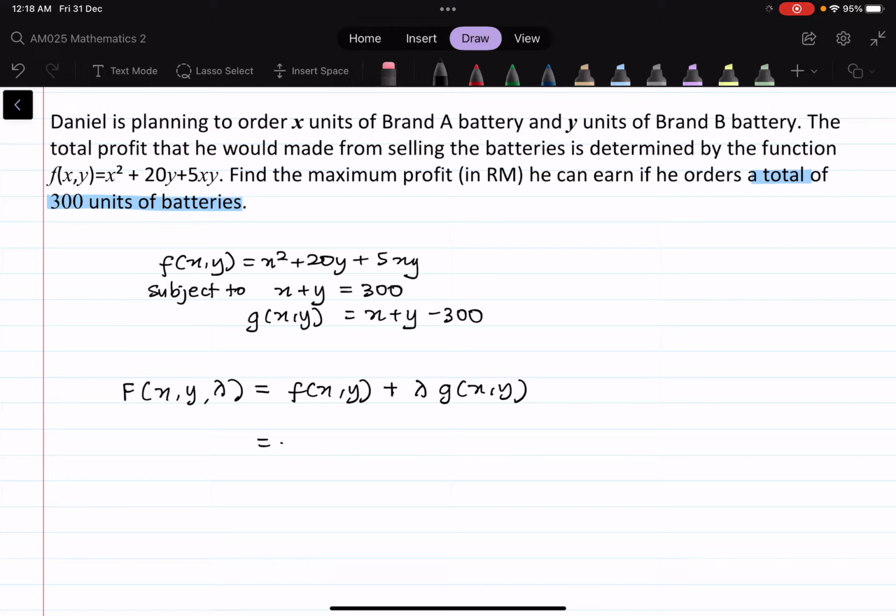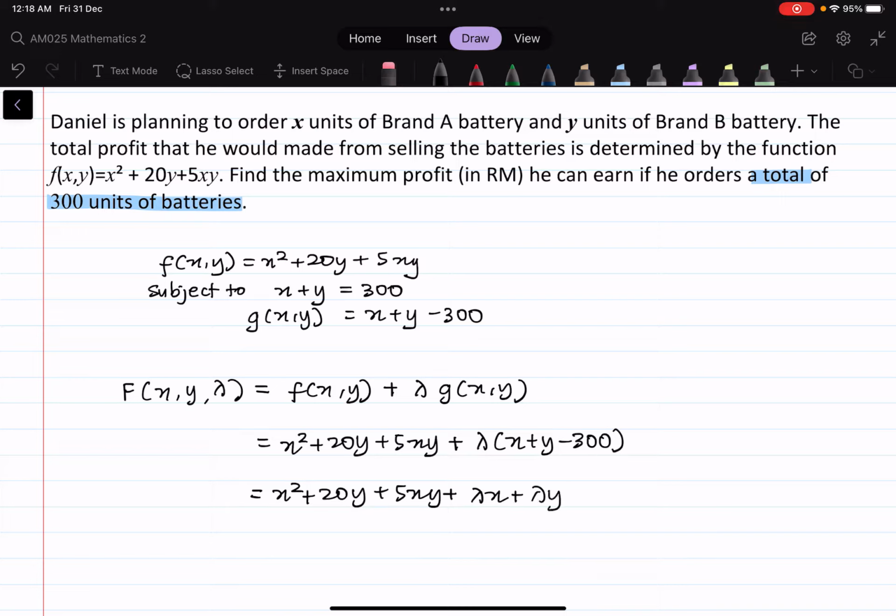So we have x squared plus 20y plus 5xy plus lambda times the function x plus y minus 300. Let us expand a bit: lambda x plus lambda y minus 300 lambda.